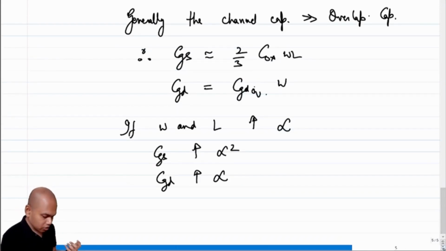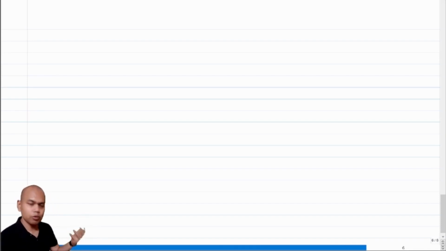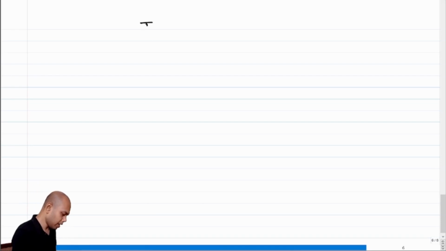So what is the impact of this? What is the impact of this on a circuit designer's life, right? So let's go back to the very good old common source amplifier and see what is the potential impact, right? So let's go back to the rudimentary circuit that we started off with quite a few weeks back, right?